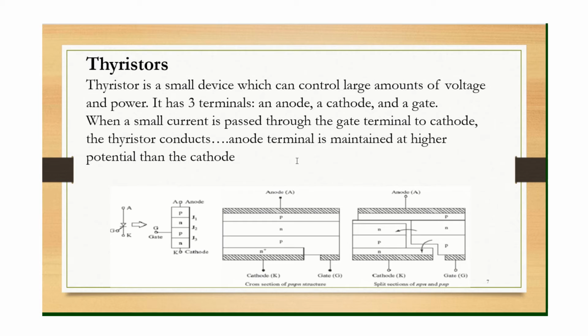So whenever you make anode terminal more positive, or the potential at anode is quite higher compared to cathode, and if there is a gate signal applied here, then the thyristor conducts. So the construction you may see as two NPN and PNP transistors merged together like this. So we will discuss in detail about all these as we discuss thyristors in module 2.